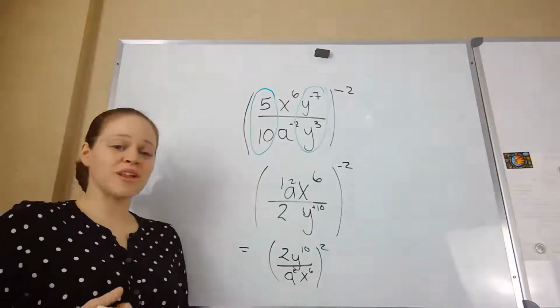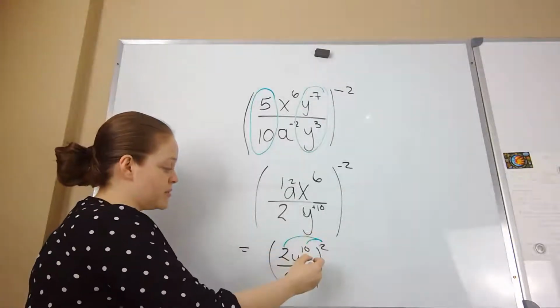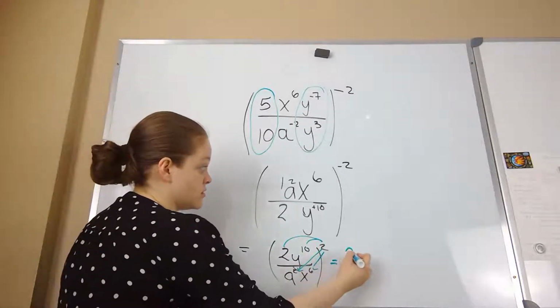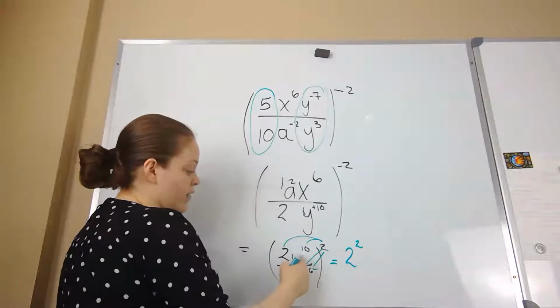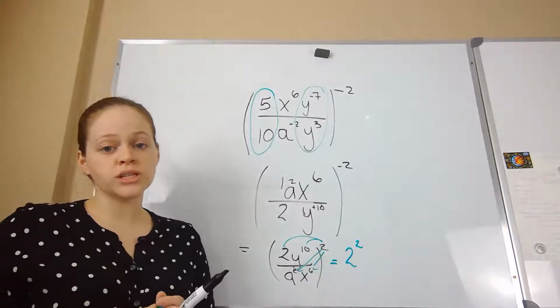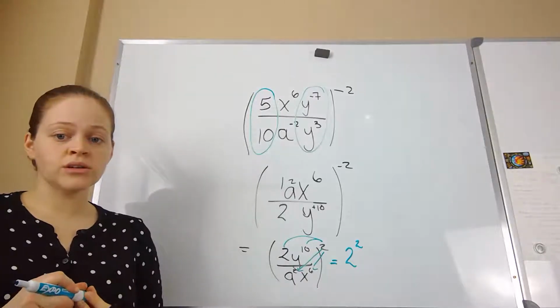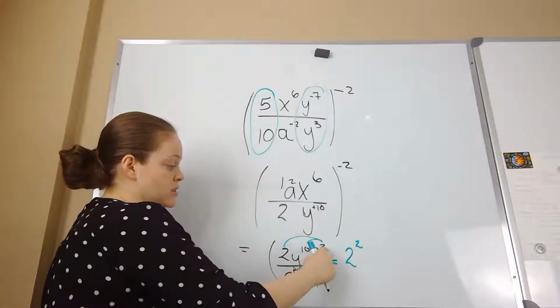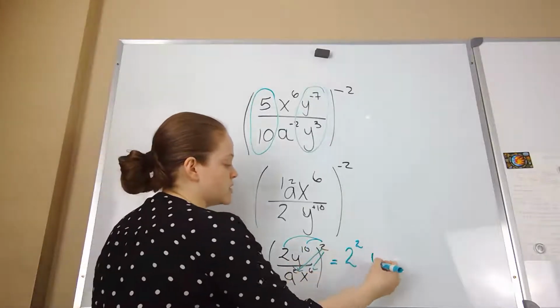Now, super simple after here, you just pop the 2 into everybody. So we have 2 to the 2. We have y to the 10 to the 2. So when we have an exponent to an exponent, we multiply the exponents. So it's going to be 10 times 2, which is y to the 20.